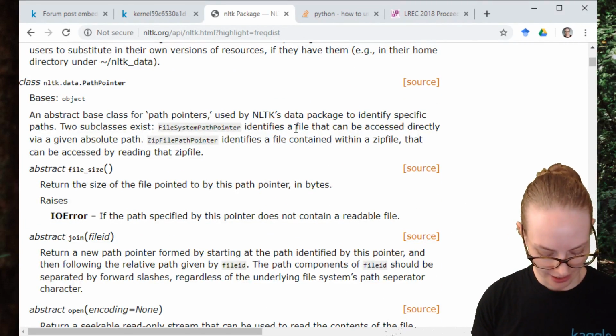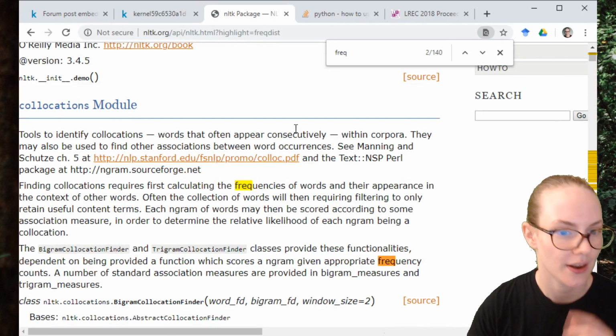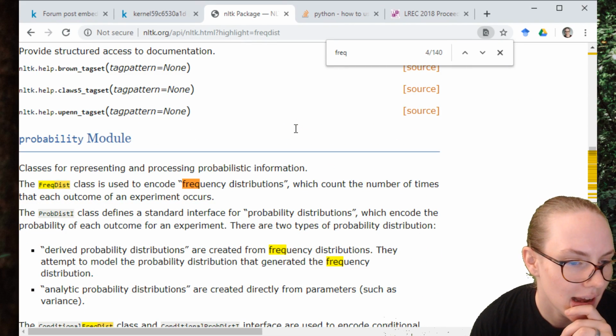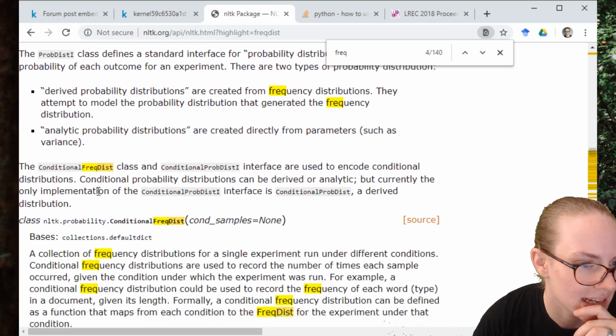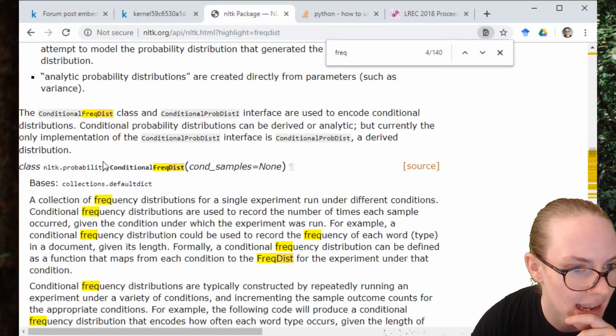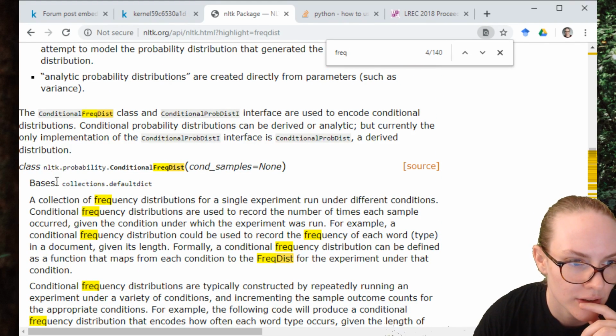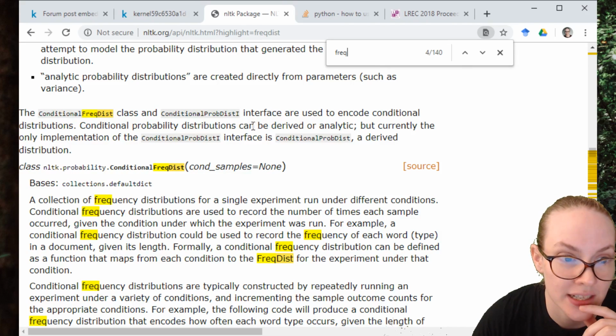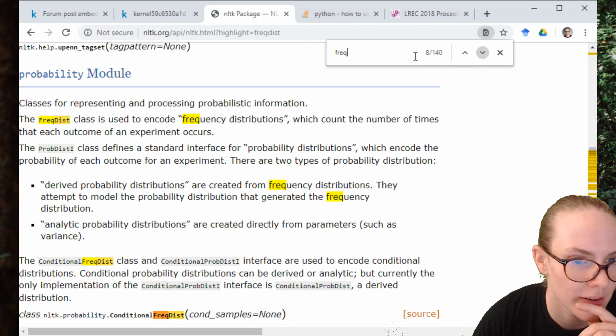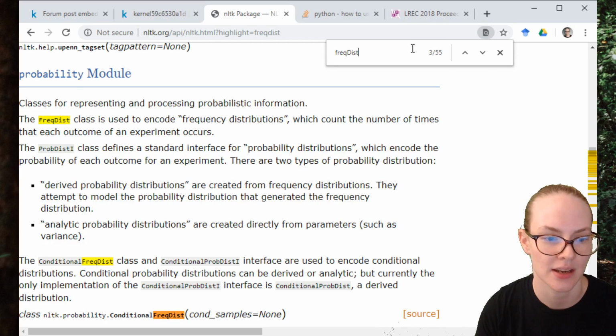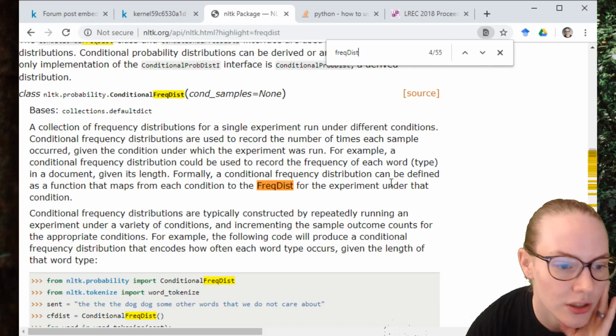Frequency distribution. What does it take as input? Conditional frequency distribution. That's not actually what we want. We want the non-conditional frequency distribution, the raw frequency distribution.